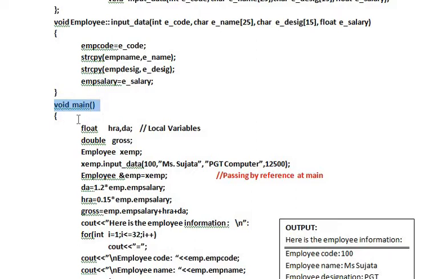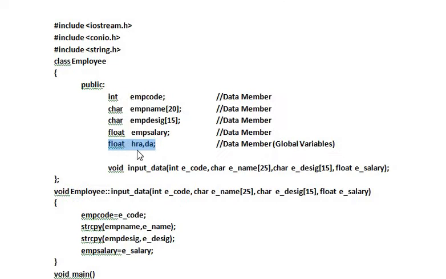As it enters inside the body, I can see two variables HRA and DA getting declared, whose data type is float. But if you notice clearly, these two variables, HRA and DA, are also declared inside the class known as employee. So these variables HRA and DA, as they are declared outside of the main function, we can consider as global variables.